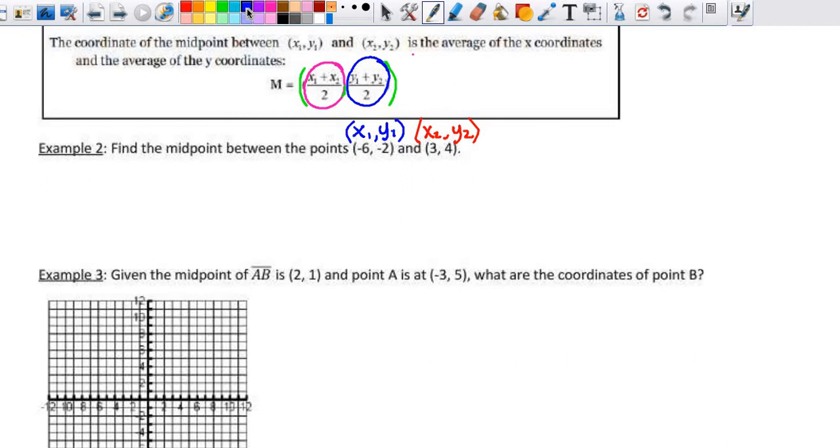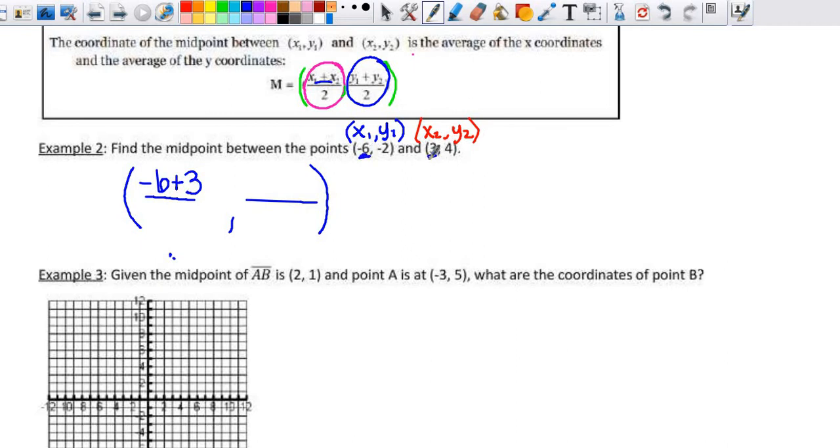Now, it says that I'm going to add my x's together. I like to always start off by drawing a big coordinate. Now, with the comma, I've got 2 sections. Let's add my x's. I've got a -6, and I will be adding +3.